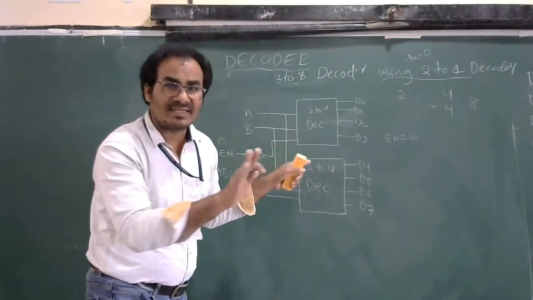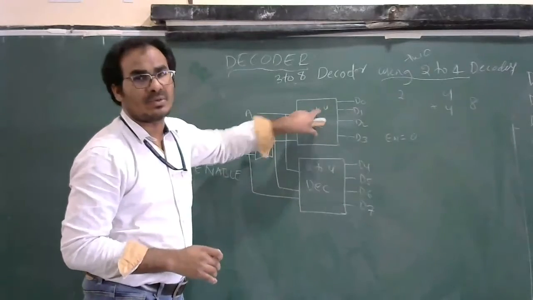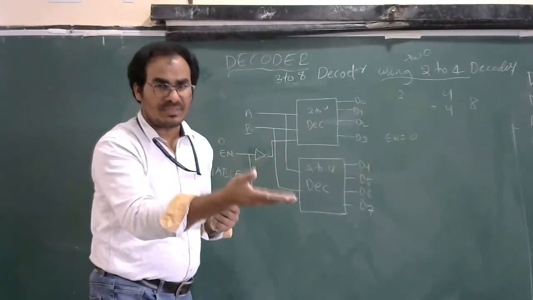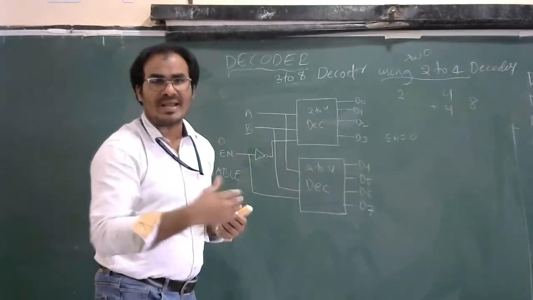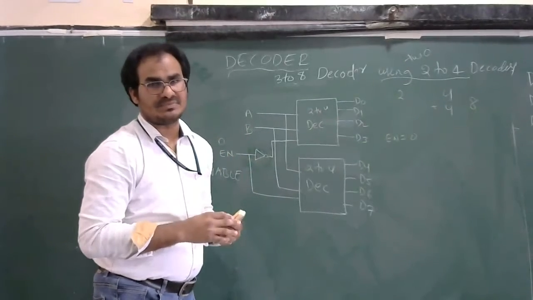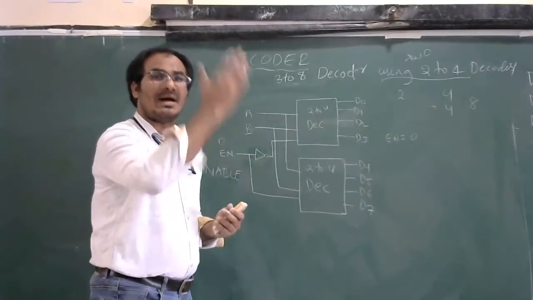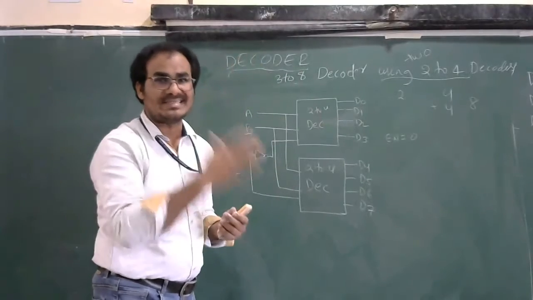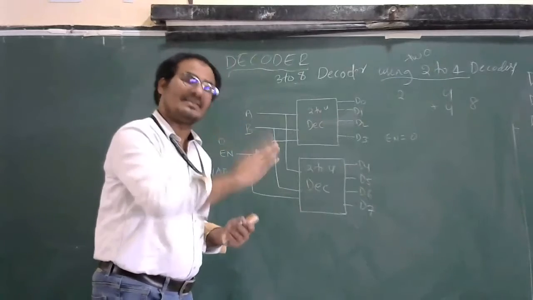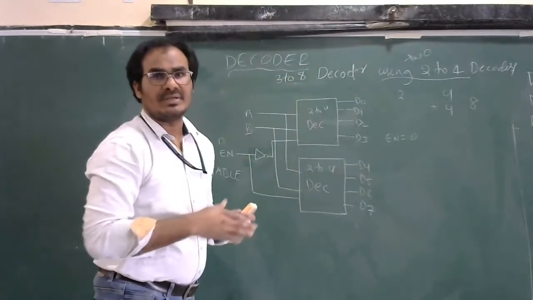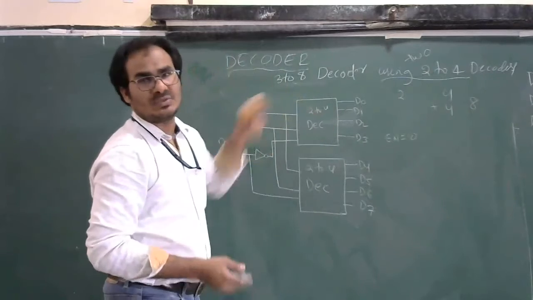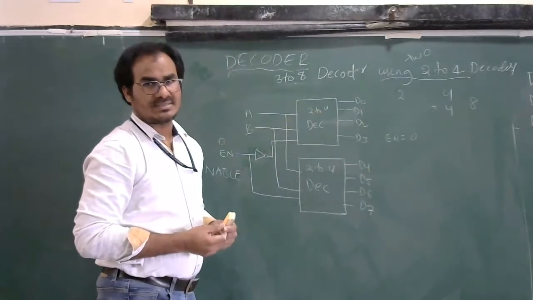This is not affecting the functioning of the upper decoder. It will function as it is. Because if you apply 1 as an input to an AND gate, it will enable the other inputs to pass. That itself cannot decide the output. Depending on the other inputs, the output will be different. How the output changes, we have already designed in the 2 to 4 decoder case.